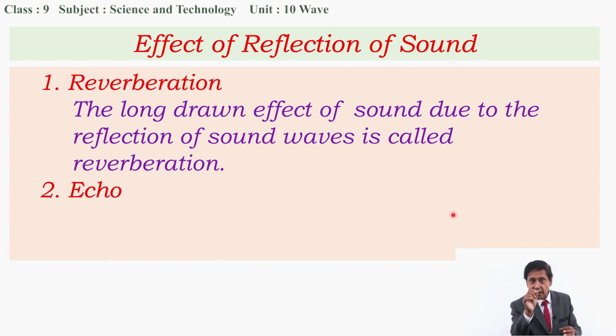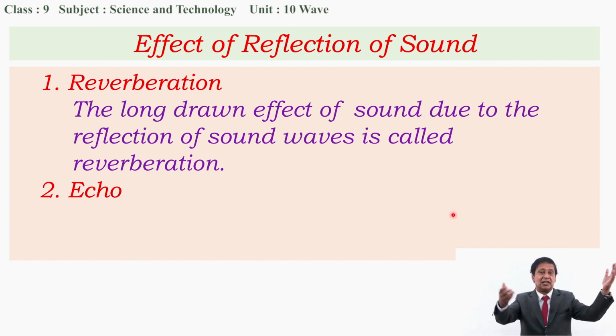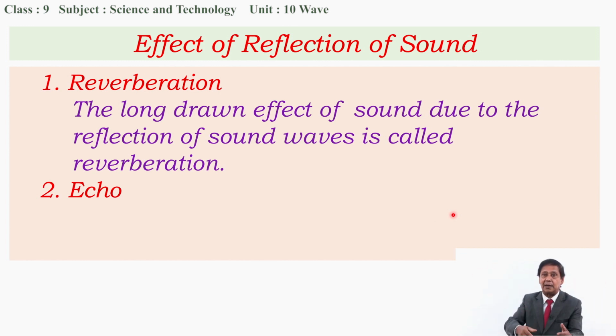The single sound becomes eh, eh, sometimes more than that, repeated many times. This way the sound becomes fainter and fainter. The reflected sound has to travel a long distance, and that's why its intensity goes on decreasing, and the echo sound is fainter than the original sound.